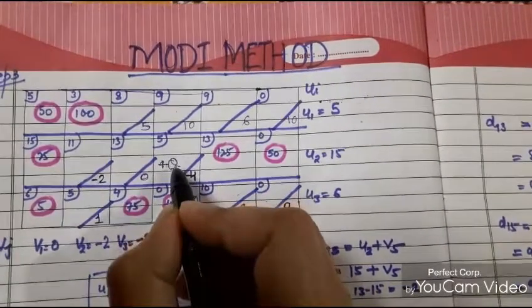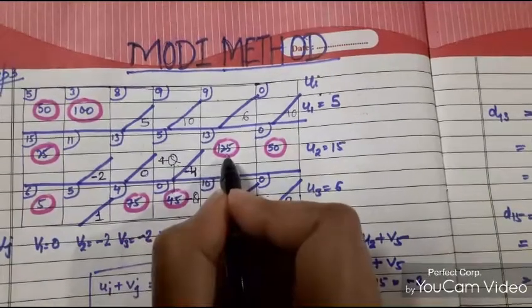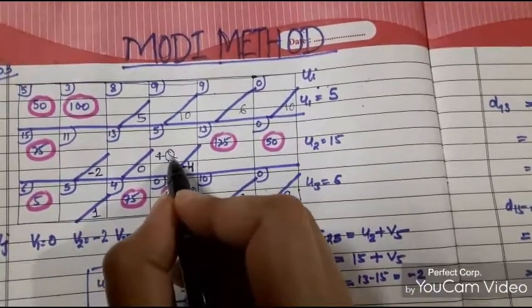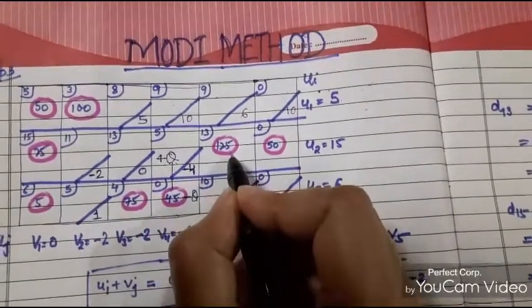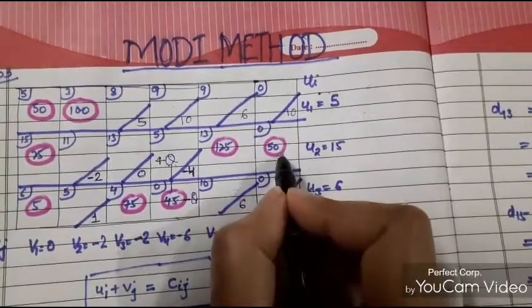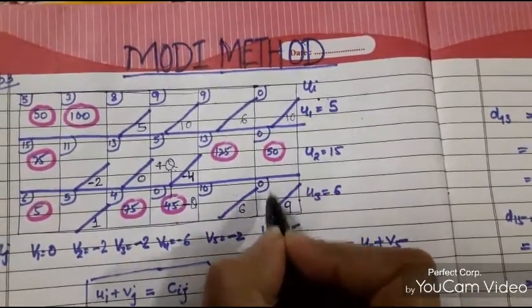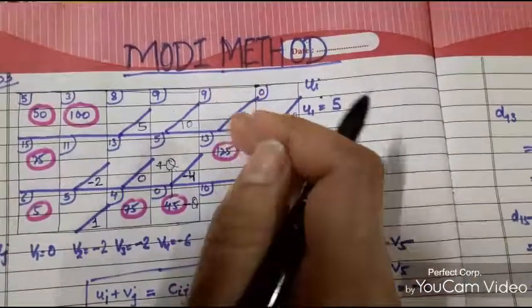You can ask, ma'am, why have we not moved to this cell? We can move to this cell, but when we jump to this cell, we only have this allocation here. We cannot go here, we cannot go here, so we don't have any allocation to make a closed path.